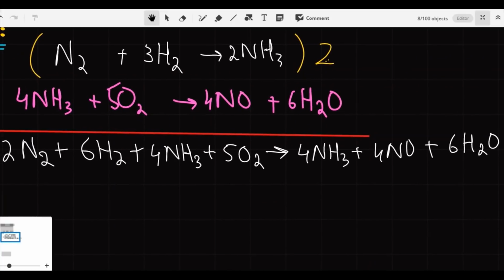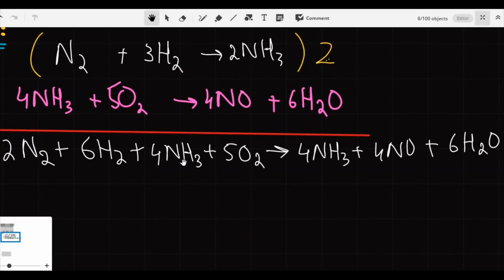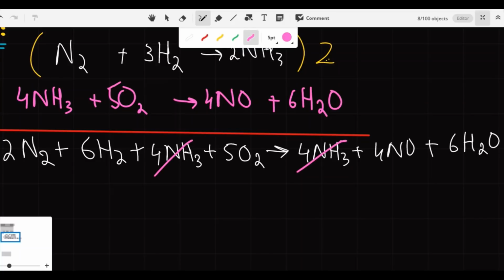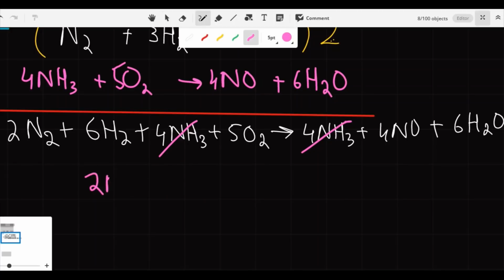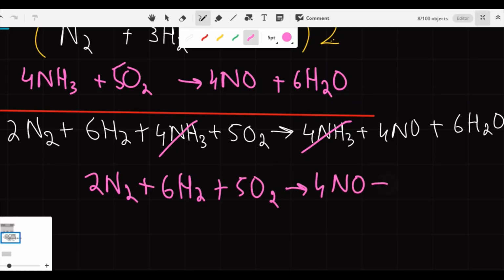Alright, now in this equation you can see that 4 NH3 will cancel out with 4 NH3. So now you have the net equation: 2 N2 plus 6 H2 plus 5 O2 forms 4 NO plus 6 H2O.